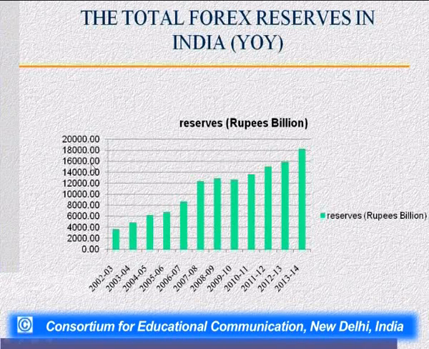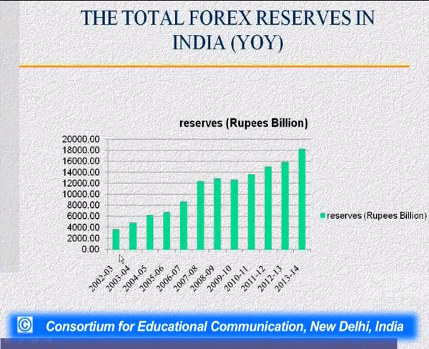the reserve in rupee billion is 1 lakh, so you can say 18,000 rupee billion, which is near about 3 hundred billion in US dollars. So this is the total forex reserve in India, year by year comparison.